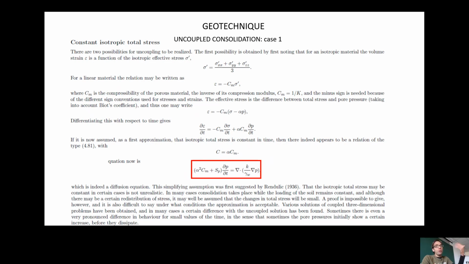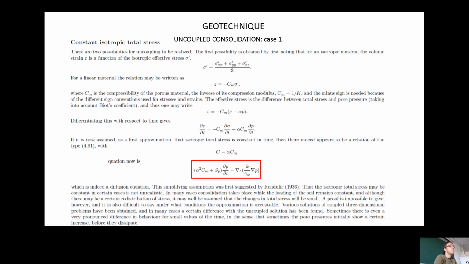Differentiating this, if we do the derivative with respect to time, we can see what happens to epsilon during time. We can derive this expression by considering, of course, the differentiation of the stress with time and of the p with time. We can define, as a first approximation, that the isotropic total stress is constant in time, as we said.